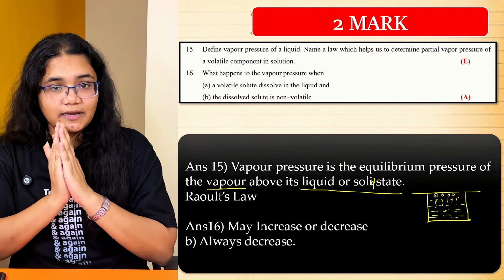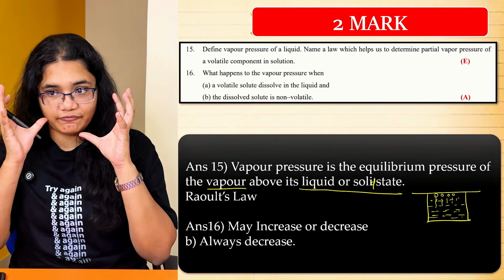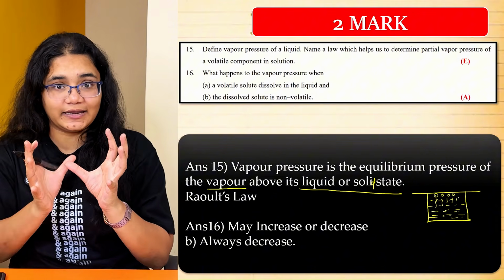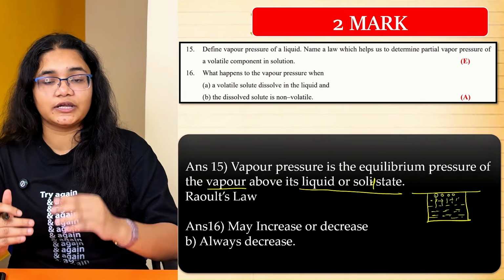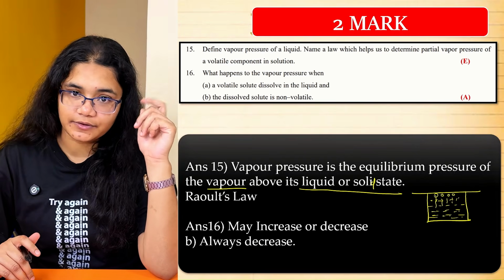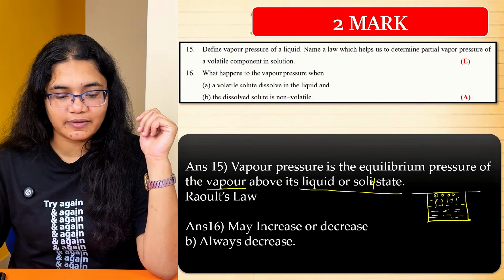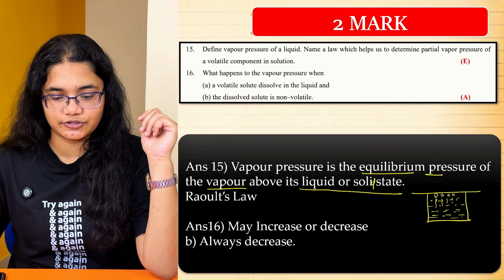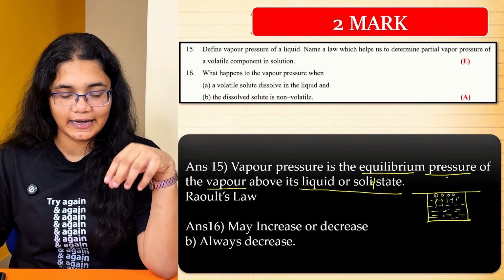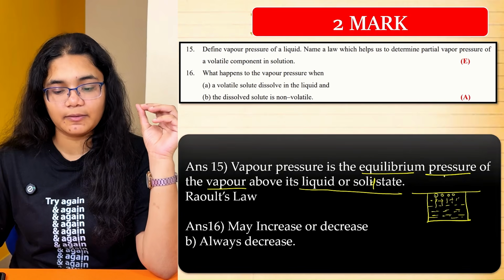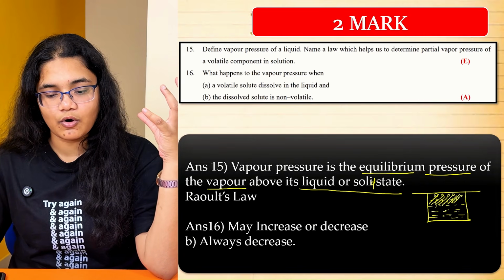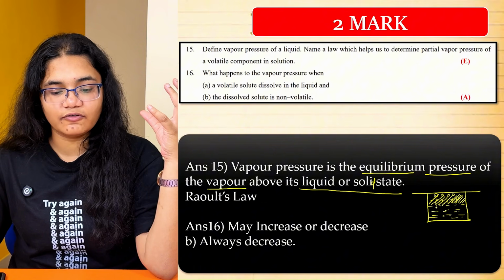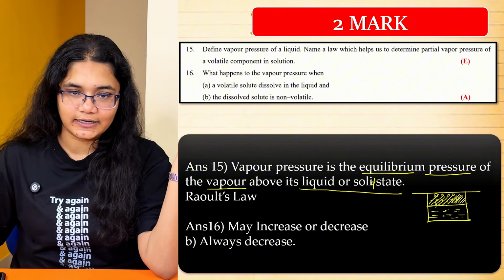At the equilibrium position, the pressure exerted by these vapors on the solution is called vapor pressure. That is why vapor pressure is the equilibrium pressure, meaning an equilibrium is attained. So the vapor pressure is the equilibrium pressure of the vapors above its liquid or solid state.